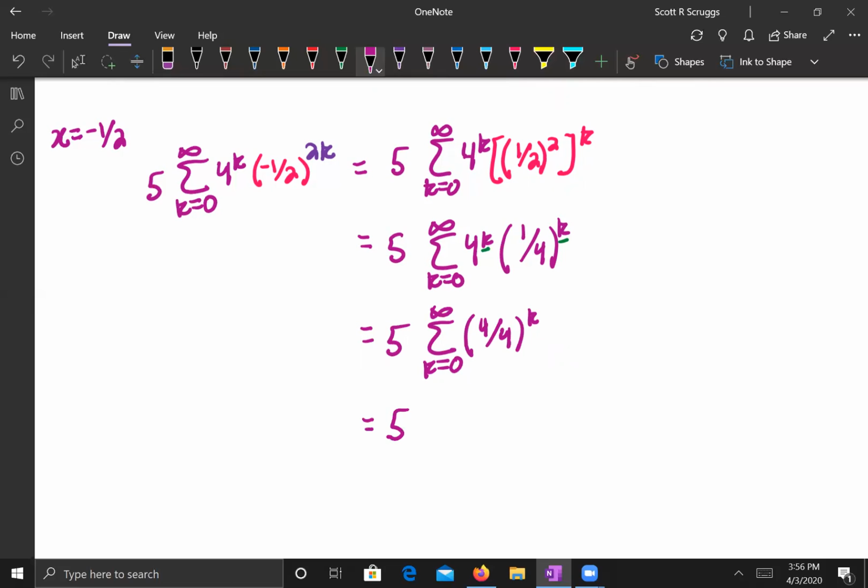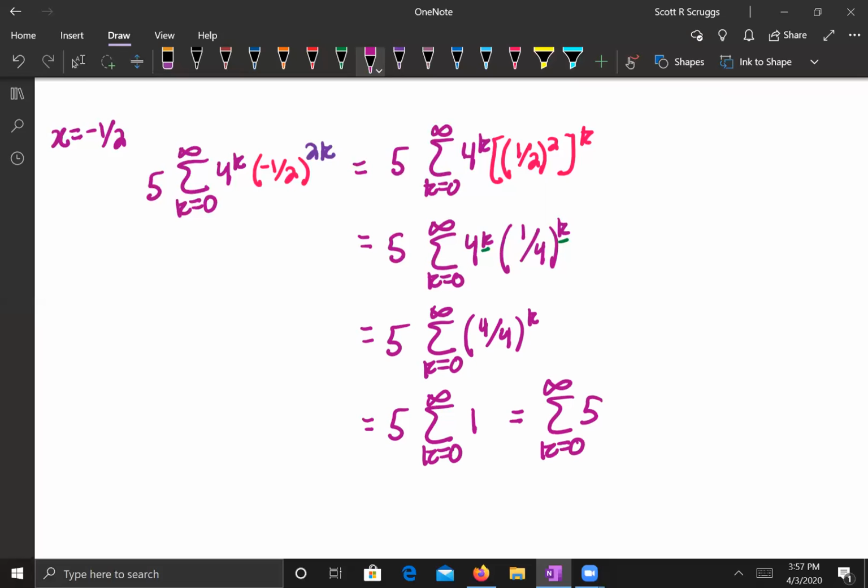So I have 5 times the sum, k equals 0 to infinity of 1. And then if you want to be technical, you can move that 5 inside. Say that's the sum, k goes from 0 to infinity of 5, where it means I'm just adding 5 forever.